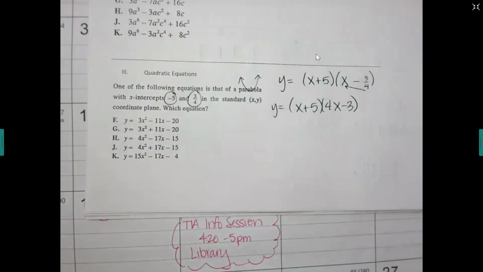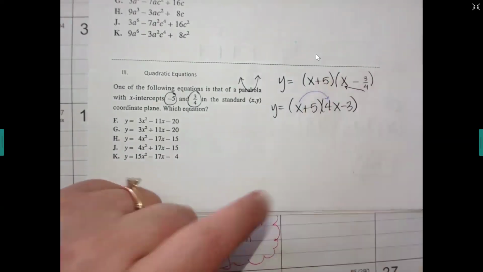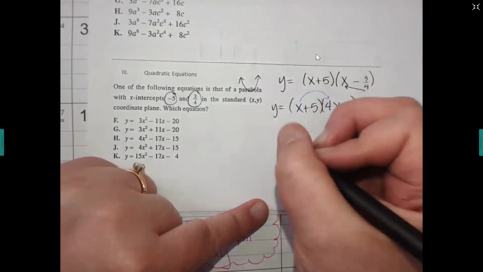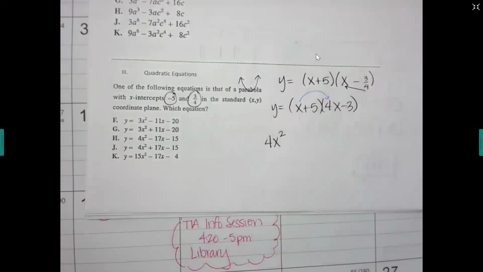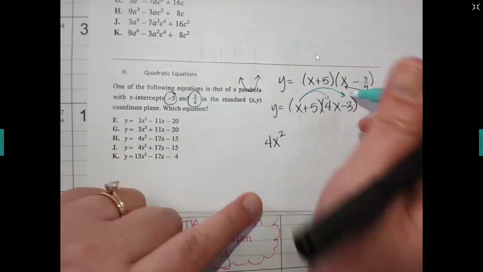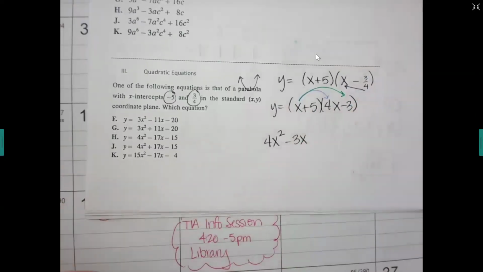So let's start with the x. What is x times 4x? 4x squared, because we're multiplying, right? Then I want x times -3. That's going to be a -3x. Then we're moving to the 5.